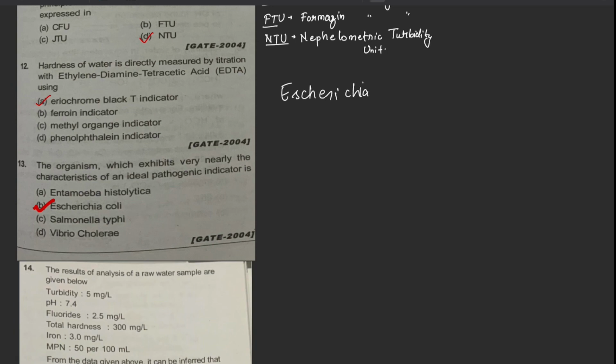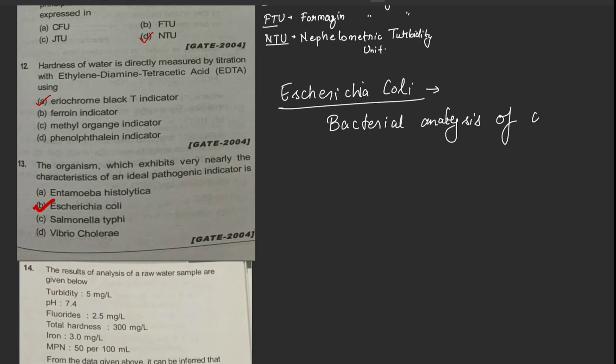Escherichia coli is the ideal pathogenic indicator used for bacterial analysis of water. It is a fecal indicator.